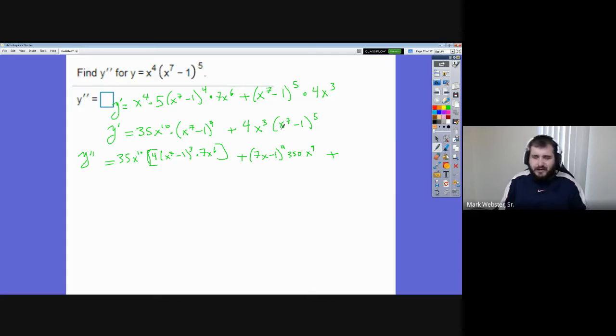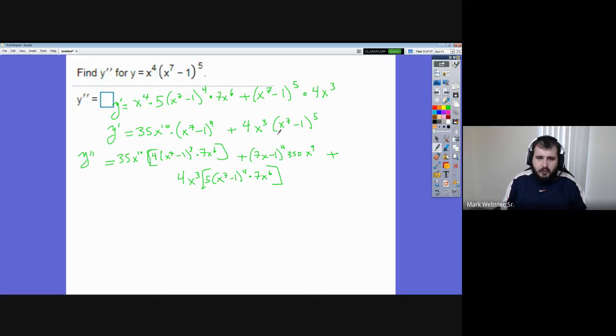Left d right plus right d left. I'm going to write it more down here. Left d right, bring down the 5, times right d left. Oh, you got to do this part here. 7x.